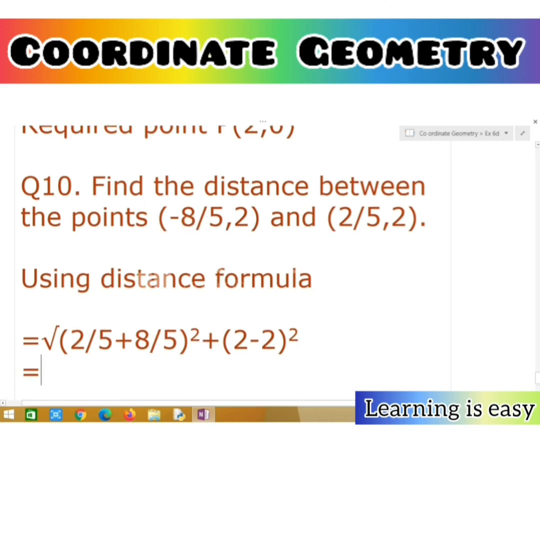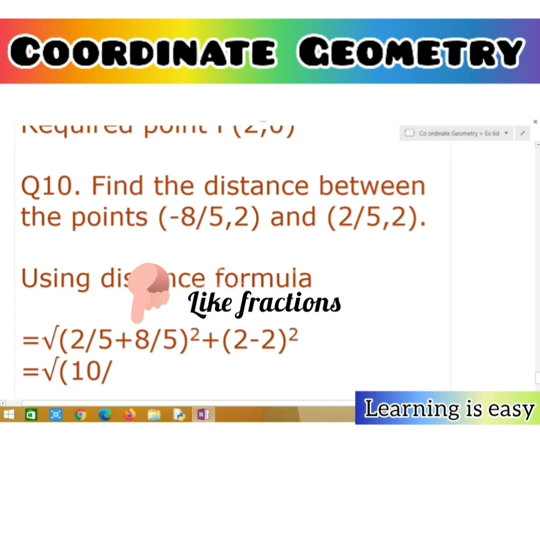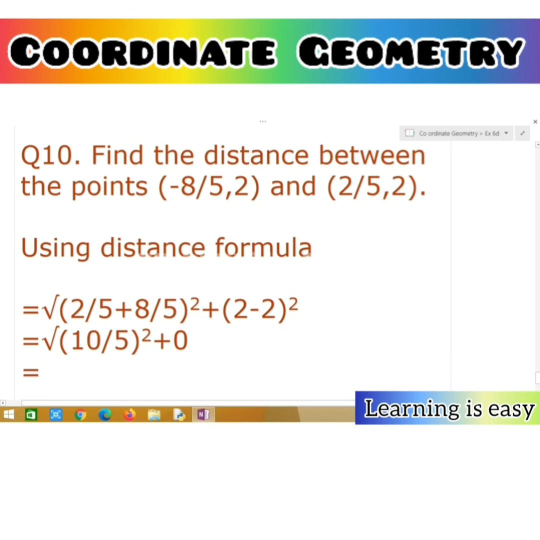So it's like fractions, we need to just add the numerators as the denominator 5 is the same for both. So 2 plus 8 is 10 by 5 whole square, which is going to be 2 square. So it's the square root of 4, which is going to be 2 units. So the distance is 2 units between those 2 points.